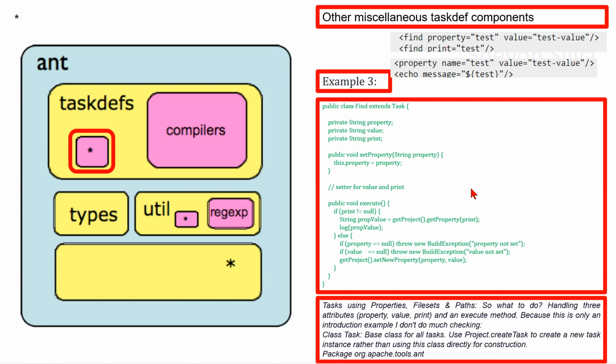So we can use another way: setNewProperty. Actually, the setProperty method we are referring to is something else, not this one.